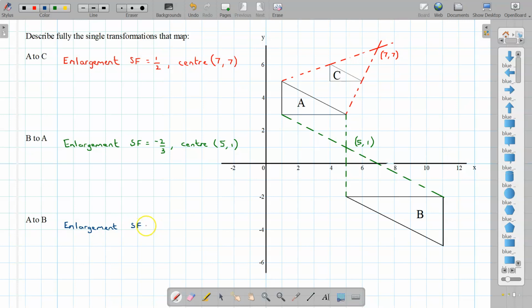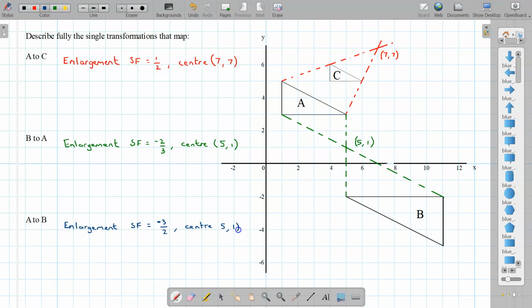So the scale factor is 1.5, but it's negative again, because it's still becoming inverted. You can either write it as -3/2 or -1.5. It doesn't matter; we tend to prefer fractions. So scale factor -3/2, and the center is the same point as before.